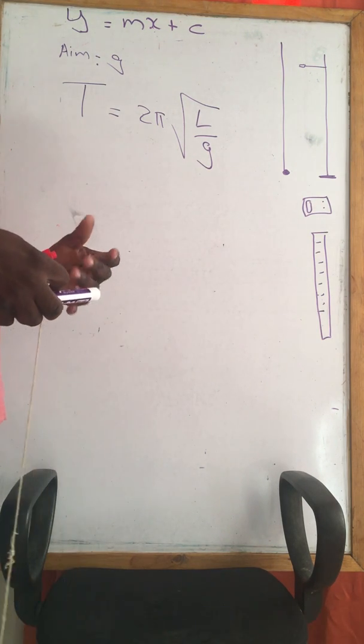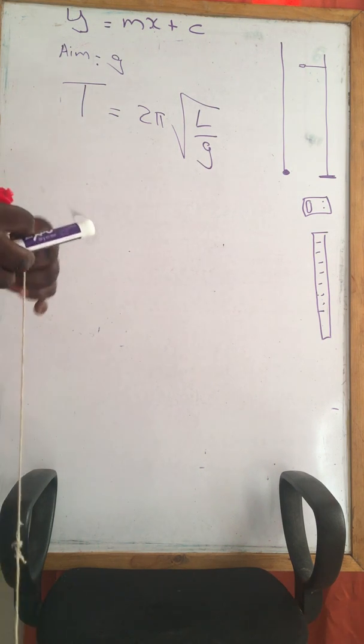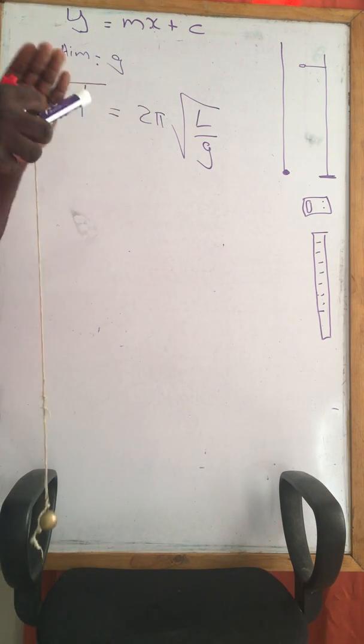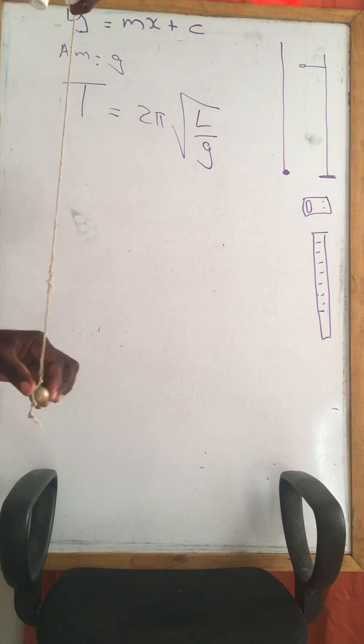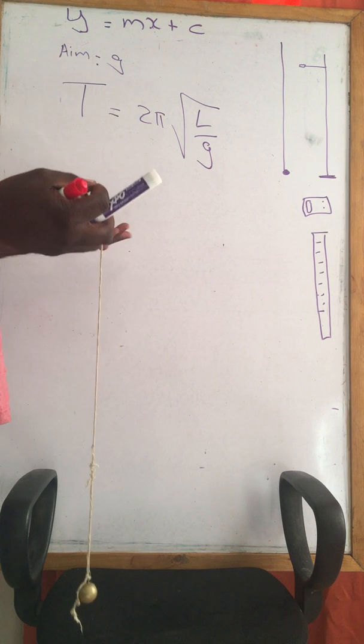Yeah, that can work, but that would be a very, very crude way of doing it, because when you do this, we have so many random errors that could occur.